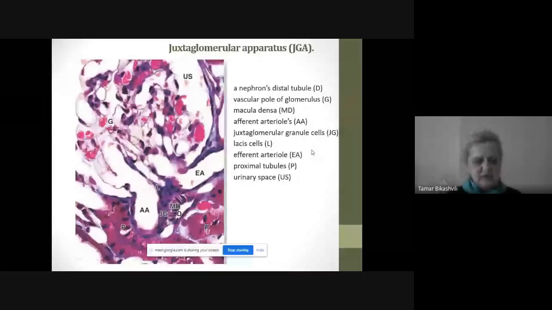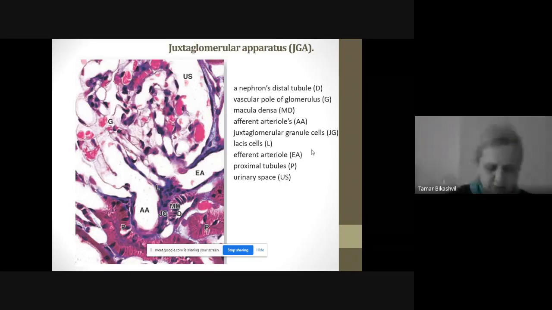So this is the mechanism. Starting from the elevated pressure, which increases the glomerular filtration rate, the glomerular filtration rate then influences the macula densa cells, then the baroreceptors, and at first the renin secretion.